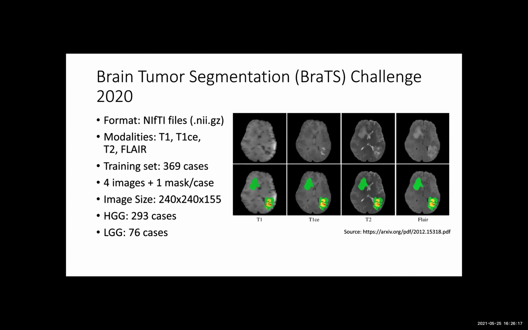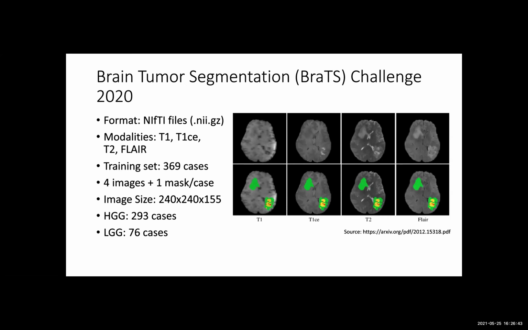I want to take some time to explain the data set I used in my master thesis. I'm using the Brain Tumor Segmentation challenge dataset, BraTS 2020, which in the training set consists of 369 cases. In each case, we have 4 images and 1 mask.